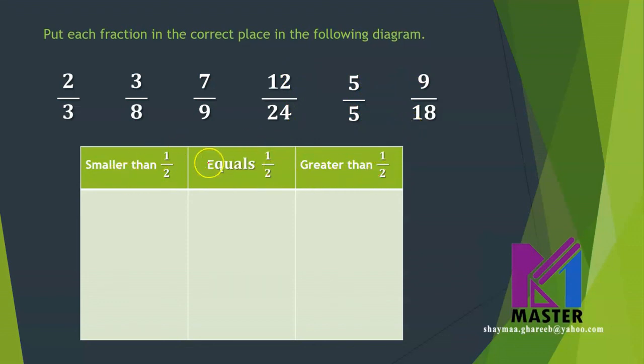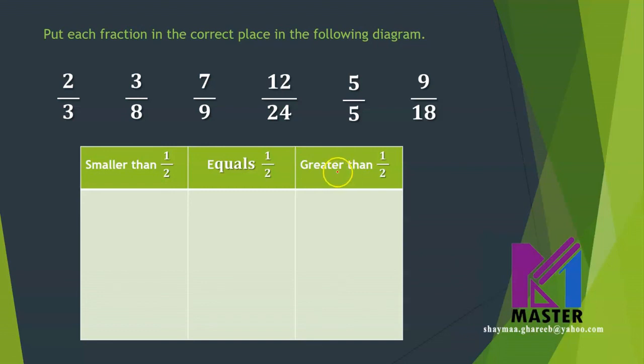In the diagram, I have 3 places. Smaller than half, equal to half, greater than half. Do you remember in equivalent fractions how to compare to the half? We said something about the half. In any equivalent fraction of the half, the number up, or the numerator, is always half the number down.